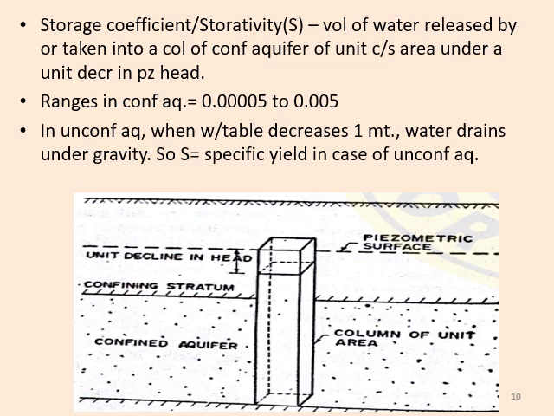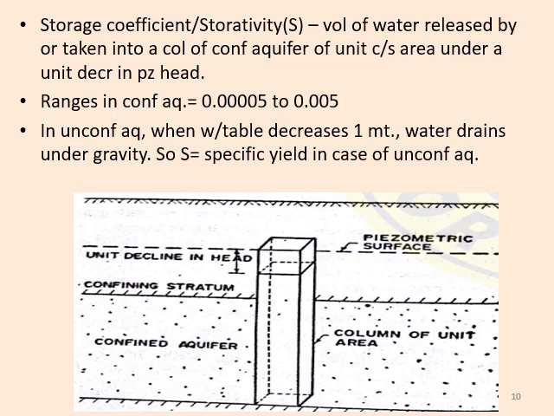In the confined aquifer, it ranges between 0.00005 to 0.005, a small amount of water. Here it is a confined aquifer, where both the top and the bottom layers are impermeable or confining strata.